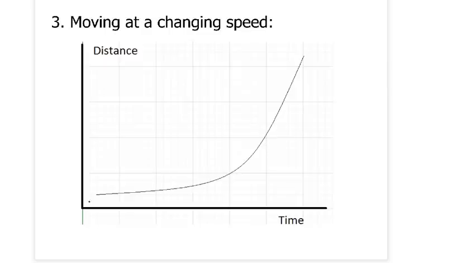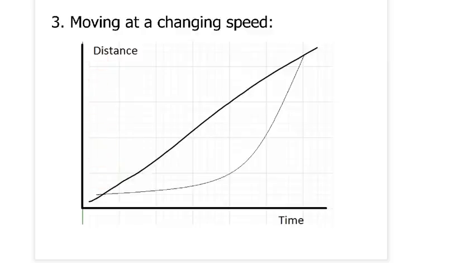We could still calculate the average speed of this if we wanted to. In order to do that, we would take the start here, that point, and then this point, and you could do rise over run. The average speed would be found by subtracting the times to find how much time has passed, and then finding the distance that has been traveled, which is this distance vertically on the graph.